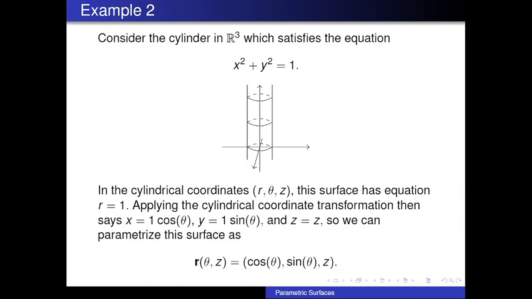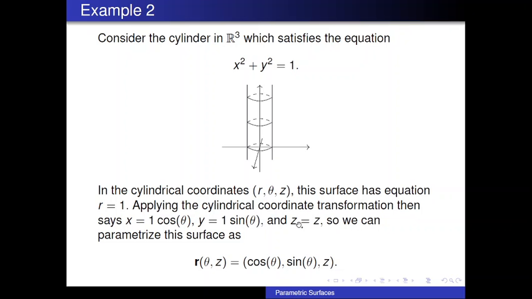So we'll have, in particular, that x equals 1 cosine theta, since r equals 1 is the equation of this cylinder. y equals 1 sine theta, and then z still equals z. It's free to be anything we want. So now our two free variables floating around are theta and z.